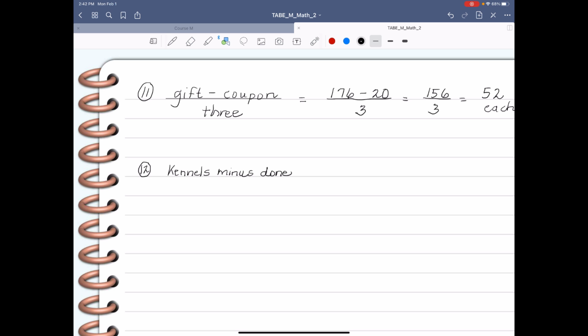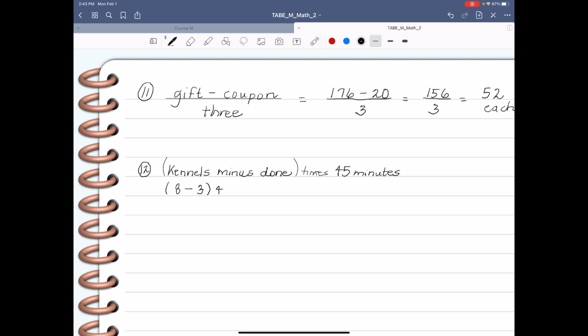And then we're going to divide all of that, I'm sorry, not divide. We're going to multiply by 45 minutes. So I'm going to say the kennels that he has to do would be 8. He has done 3.